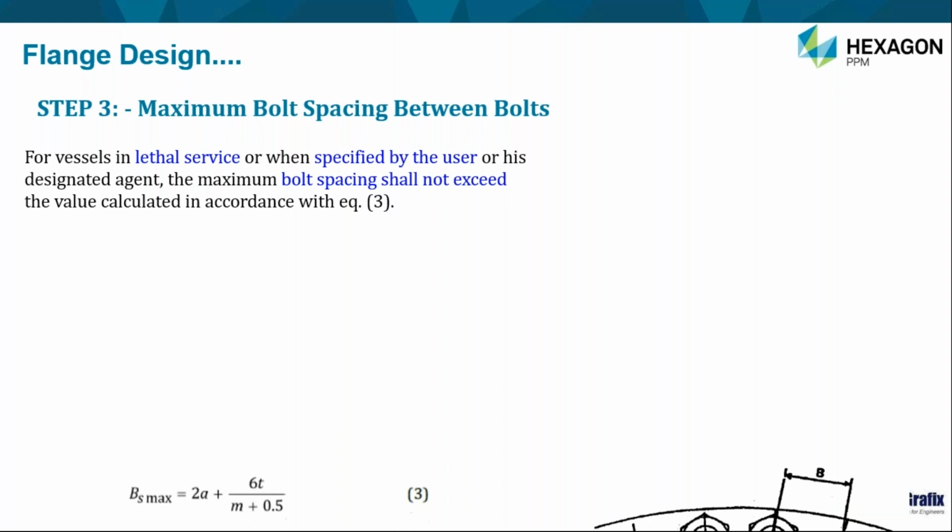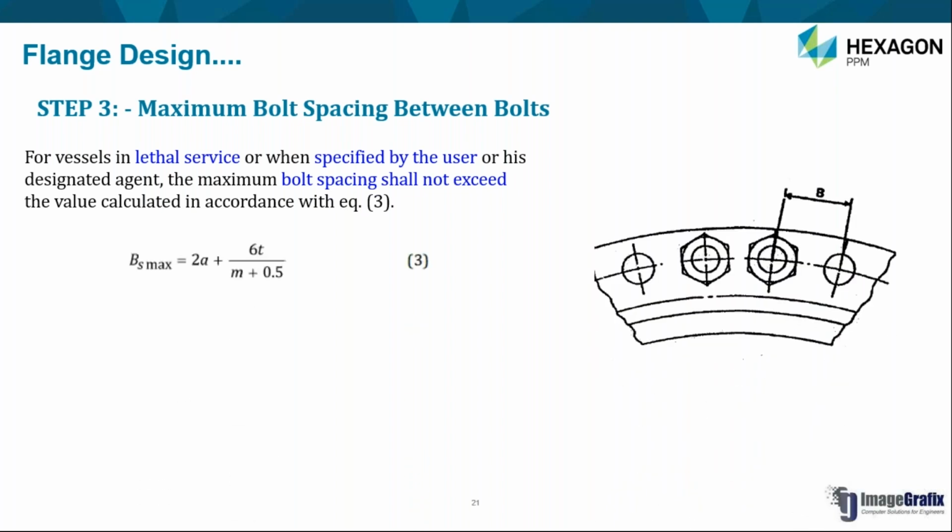So for that, the code has given the maximum bolt spacing criteria. It says that BS max, the maximum bolt spacing, should not be more than 2a plus 6t upon (m plus 0.5), where a is your bolt diameter and t is your flange thickness.